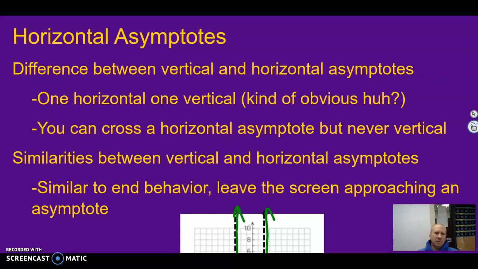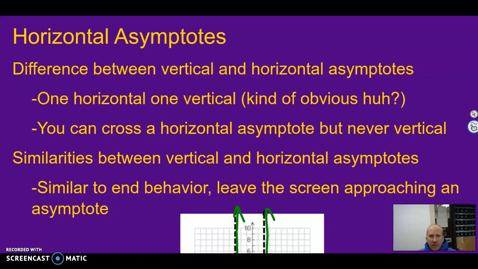Okay, so let's start with the difference between vertical and horizontal asymptotes. The obvious one is horizontal, one is vertical. They're still going to be denoted by horizontal and vertical dotted lines, just like the vertical asymptotes were. But the biggest difference that I want to make sure we understand is you can cross a horizontal asymptote.